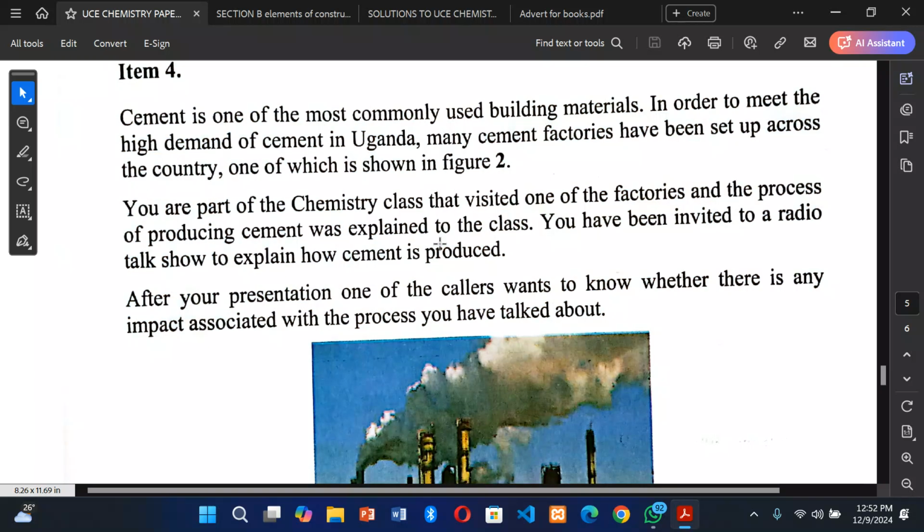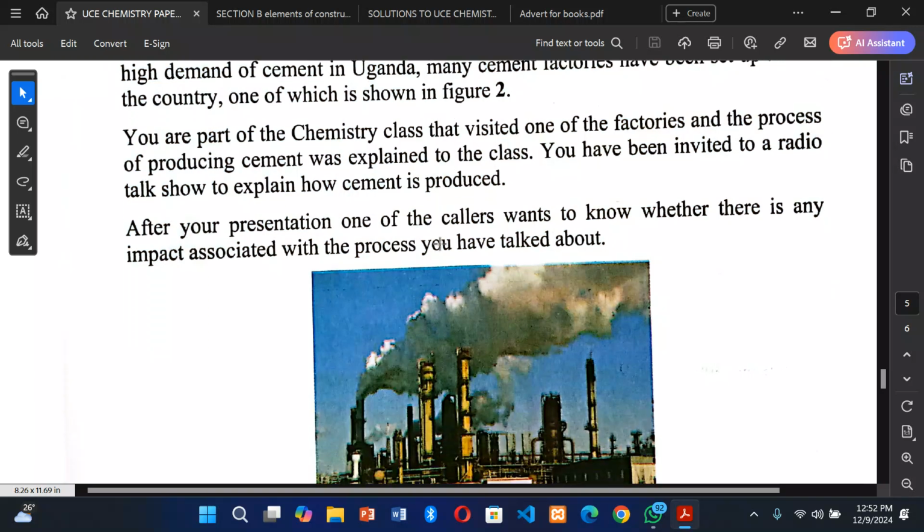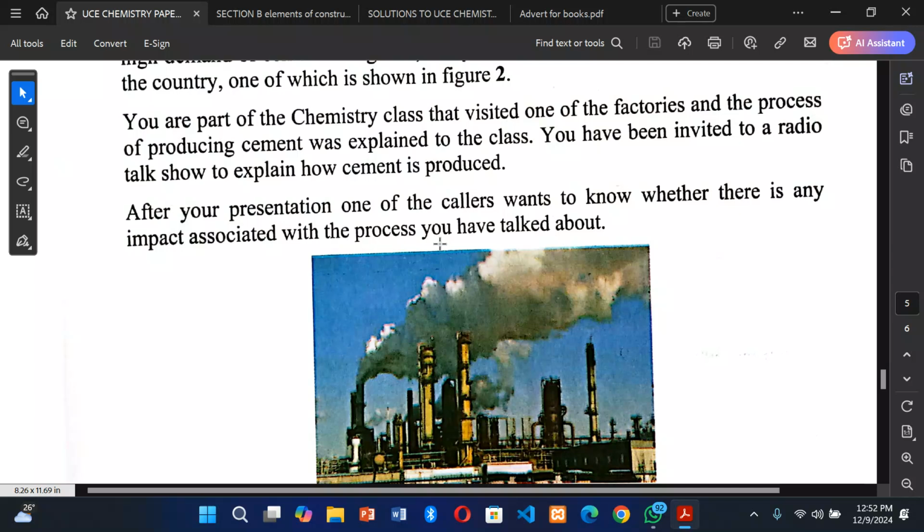So you can see the figure. The figure is down there. You are part of the chemistry class that invited one of the factories, and the process of production of cement was explained to the class. You have been invited to a radio talk show to explain how cement is produced.